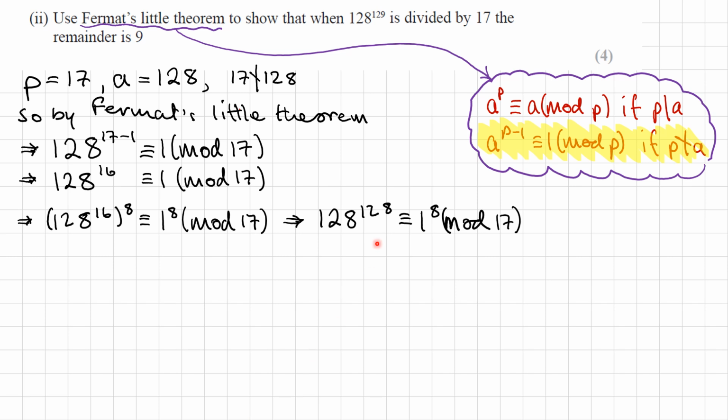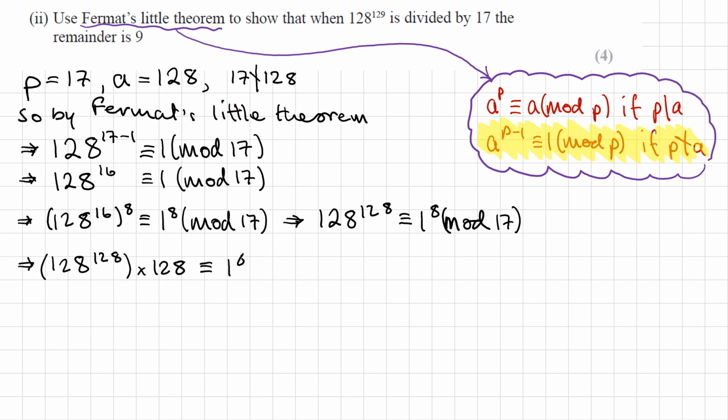Now we want to get up to the power 129, so what I'm going to do now is to multiply both sides by 128. So I've got 128 to the power 128, and I want to times that by 128, which is basically like 128 to the power 1.